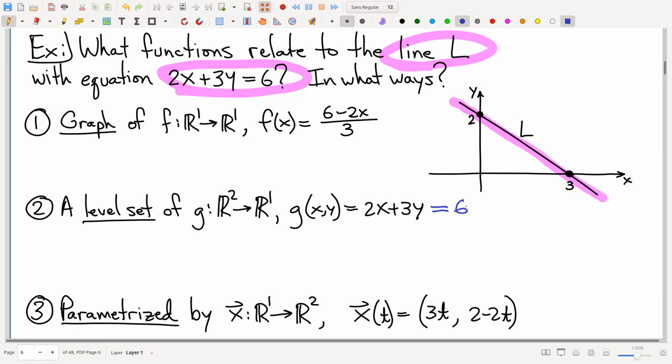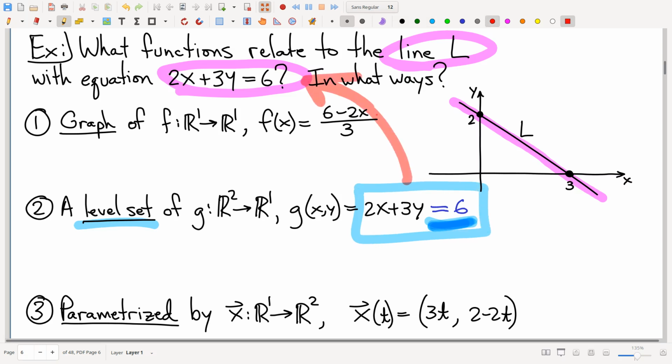You probably saw that coming. And as promised, having taken a level set of this function, I get an equation that is equivalent to the original equation. So this line is a level set of this function called g.